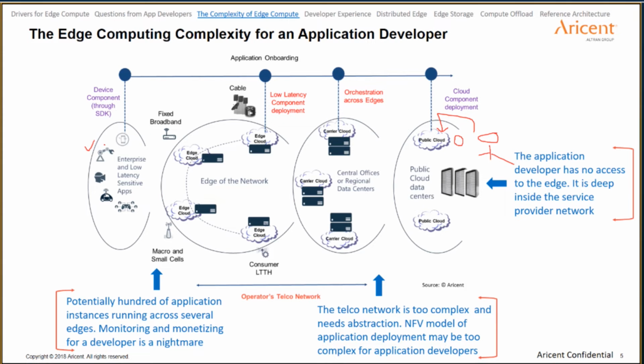So this device will have to figure out and negotiate with the network that, hey, this is the edge which is nearest to me, and maybe you need to run the server here, or the application server here.